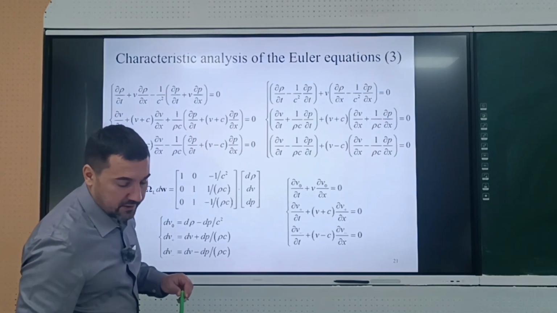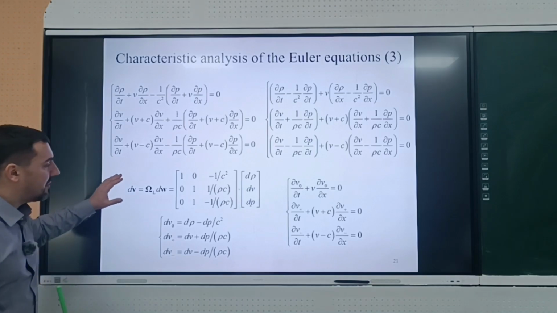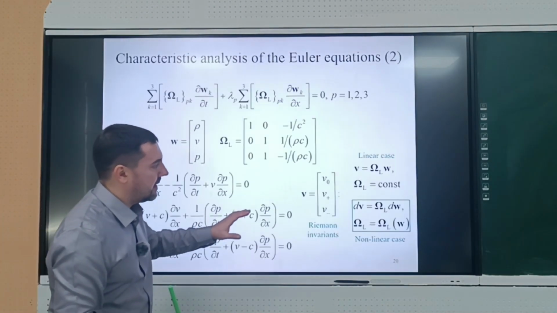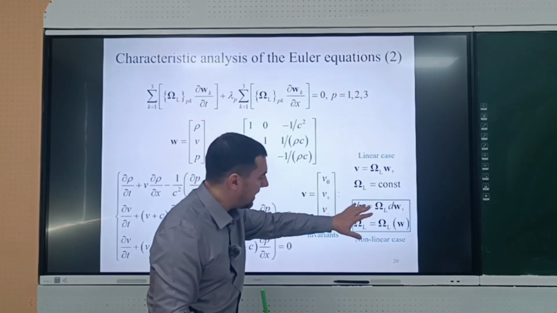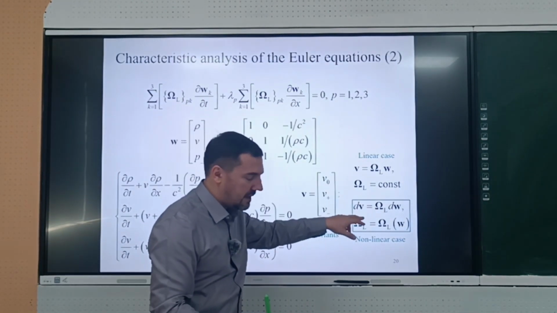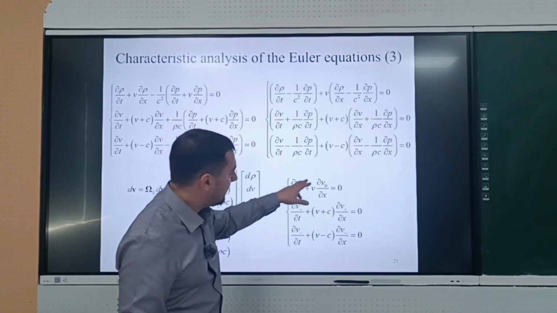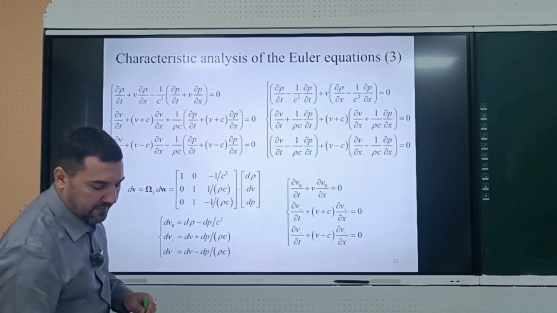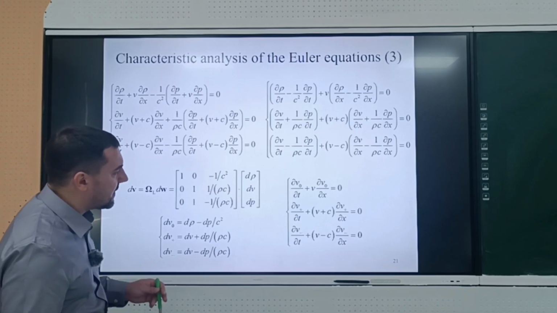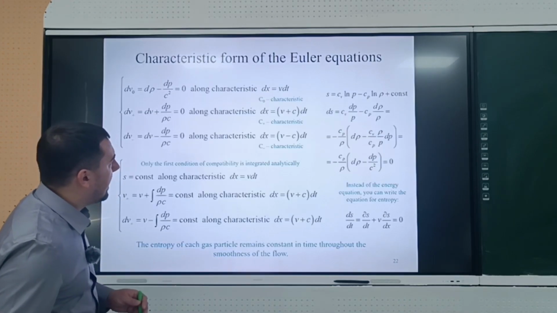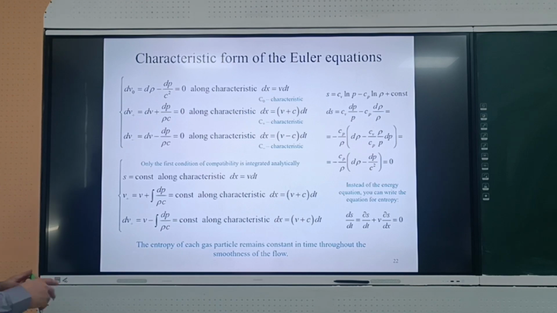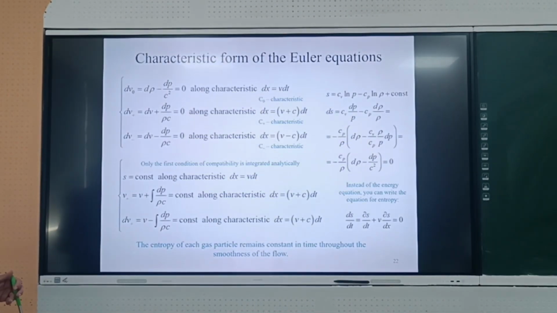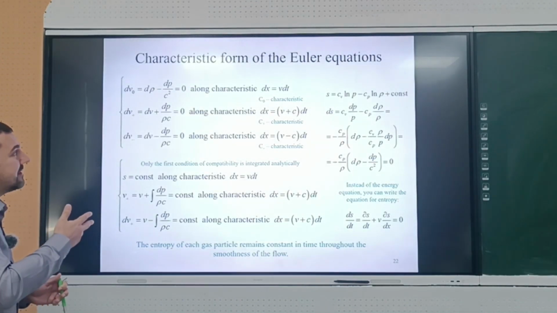So we introduced the Riemann invariants, but not in the same manner as for the linear case. If you introduce V in such a manner, our system can be written in a form which looks like the system with Riemann invariants for the linear case. What does it mean for the linear case?